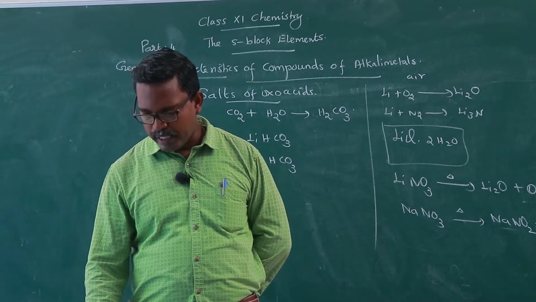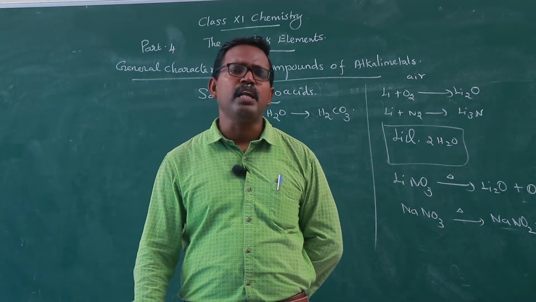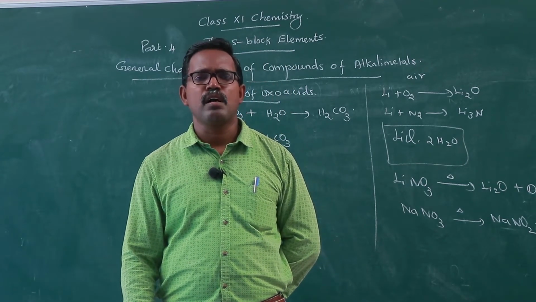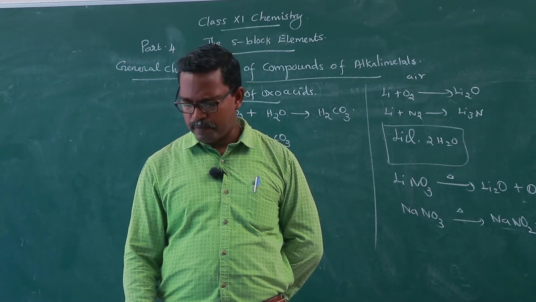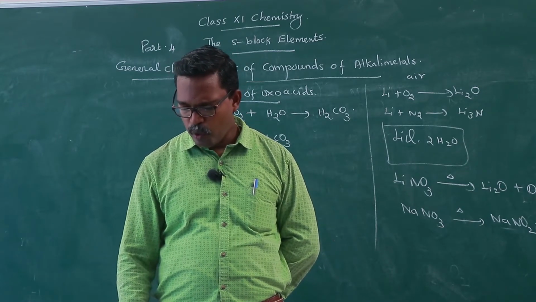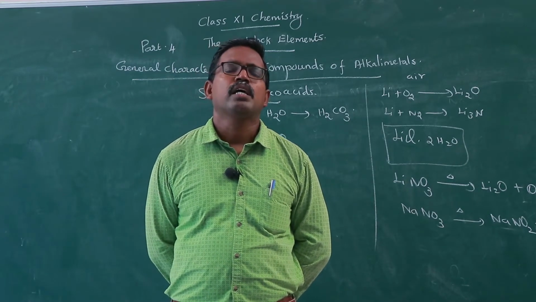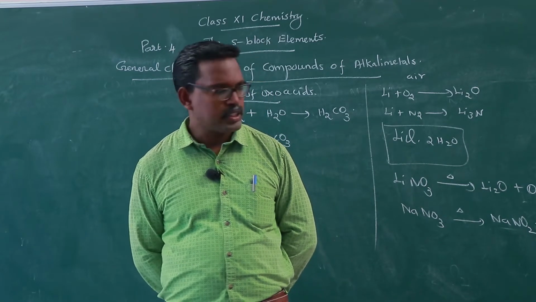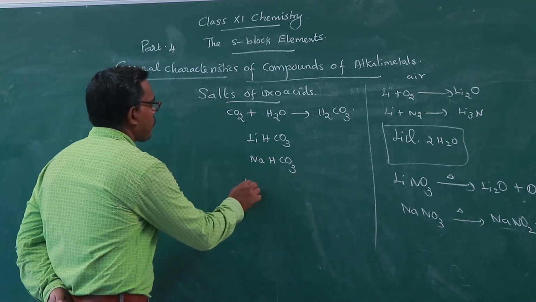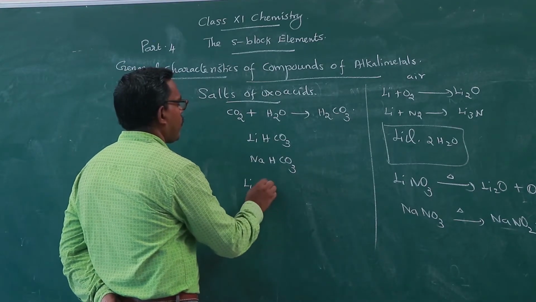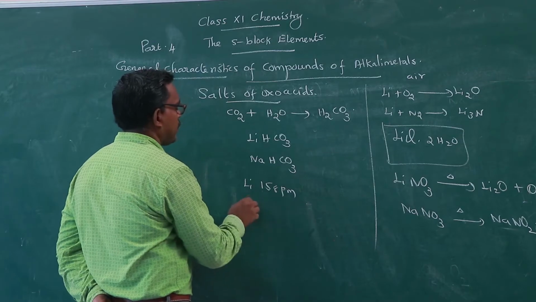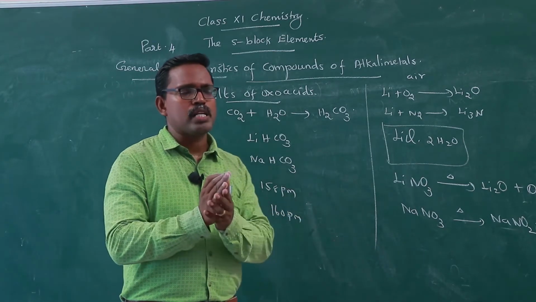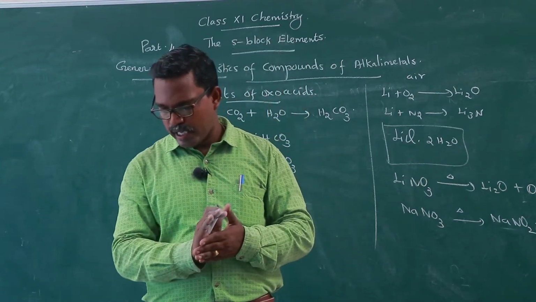The similarity between lithium and magnesium is explained on the basis of size. The size of magnesium is 160 picometer. The size of lithium is 152 picometer. Lithium 158 picometer, magnesium 160 picometer. So, both are small and similar in size.